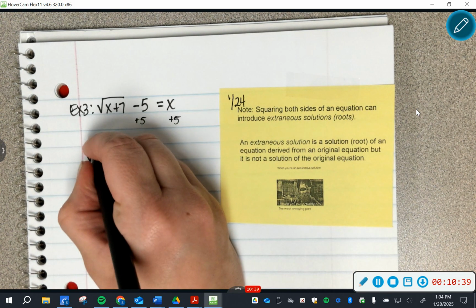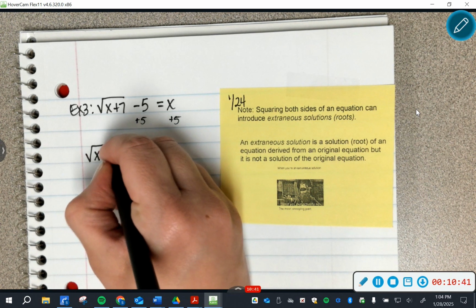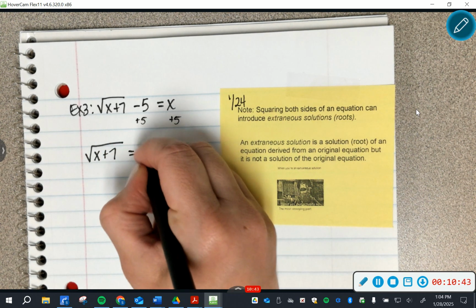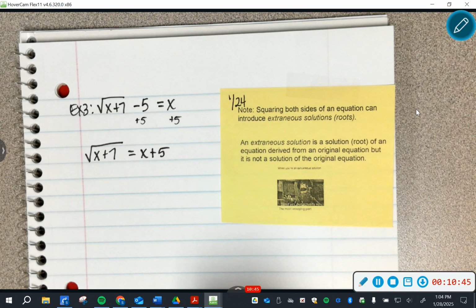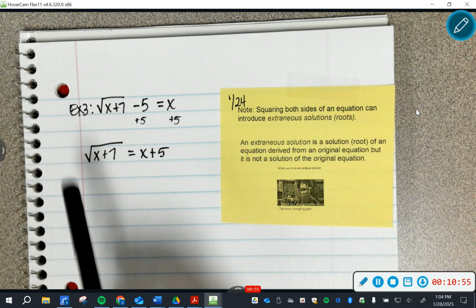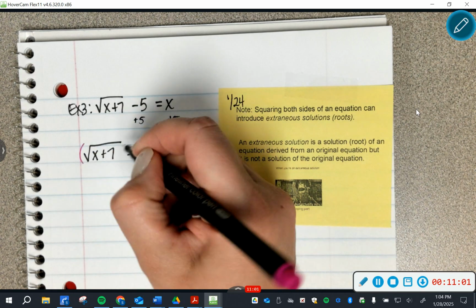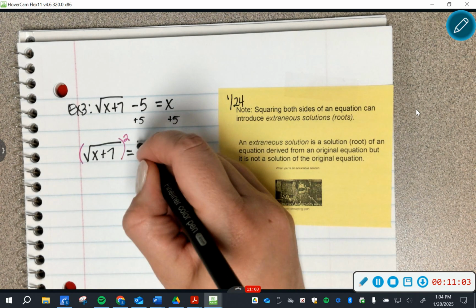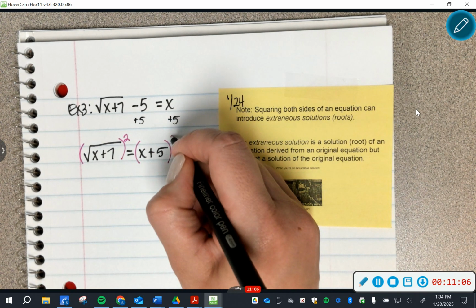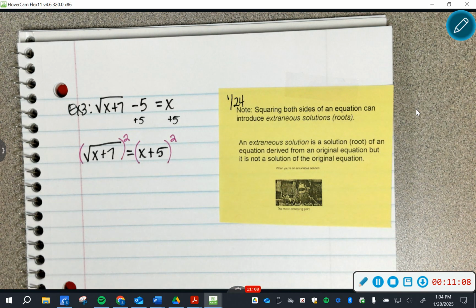So we're looking at the square root of x plus 7 equals x plus 5. All right, now our square root is isolated, so we can go to the next step where we square both sides. So square, and over here we square.